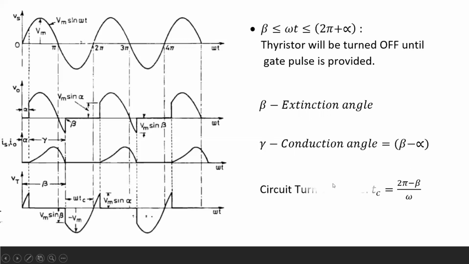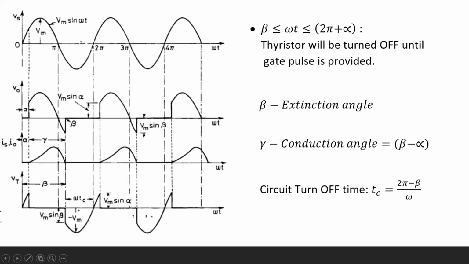Okay, now what is the circuit turn off time? This is a very important concept, right? During the commutation process, what is commutation? The turning off of the SCR or thyristor. During the turning off process, the reverse voltage is applied across the SCR for some time period, which is known as the circuit turn off time. From this waveform we can observe that this is the thyristor voltage, right?